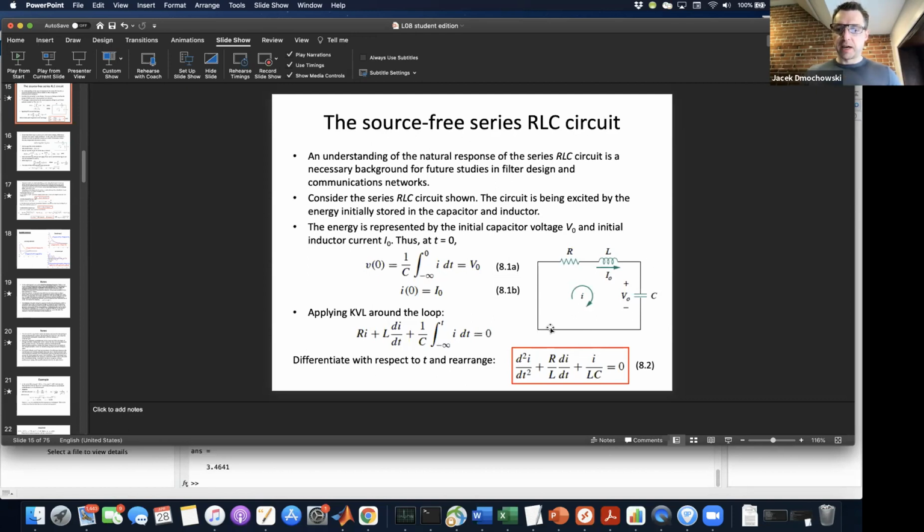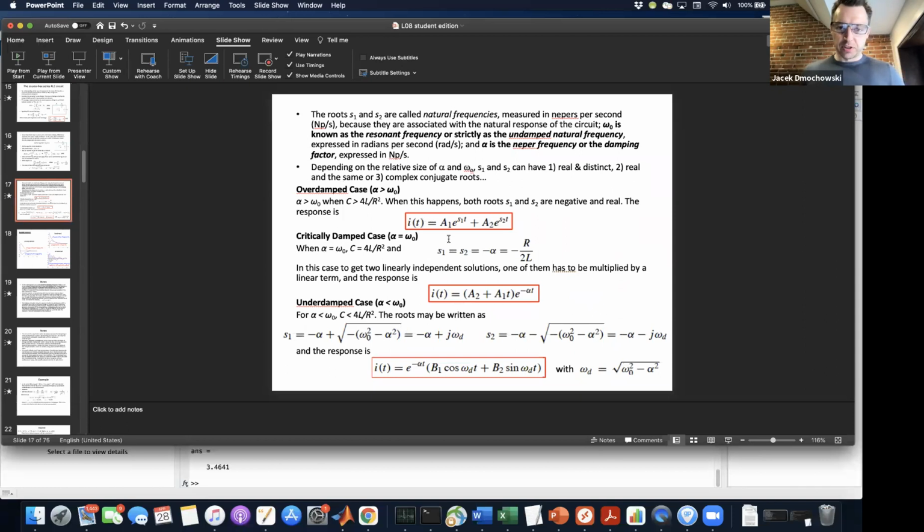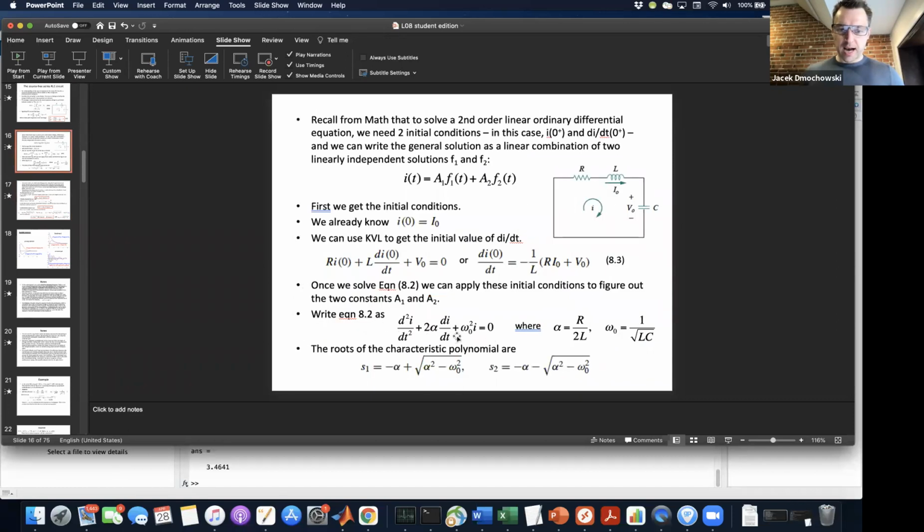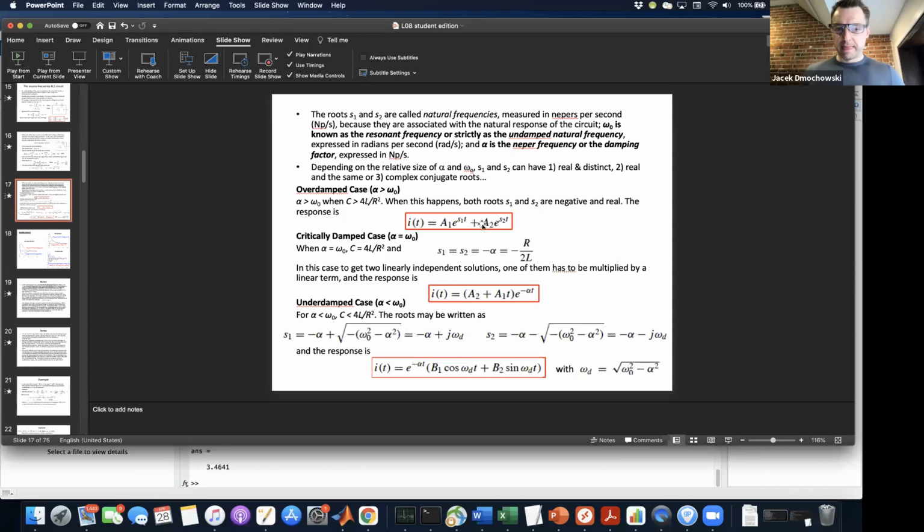Strictly speaking, in a series RLC circuit, we solve for the inductor current, whose solution is given by the second order differential equation, which has one of 3 types of solutions, depending on the values of R, L, and C. So if the capacitance is bigger than 4L over R squared, then our characteristic polynomial has 2 real negative roots, and the solution takes this form.